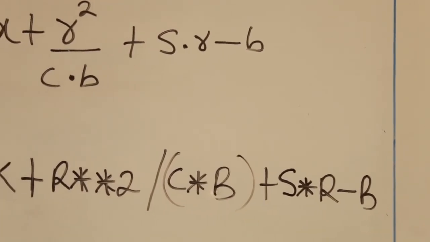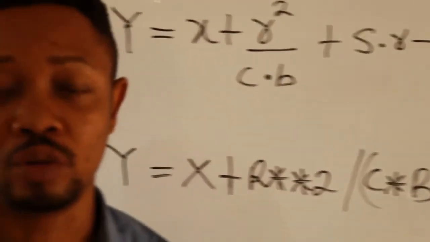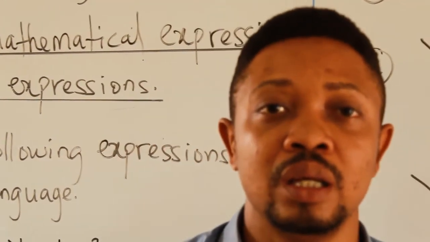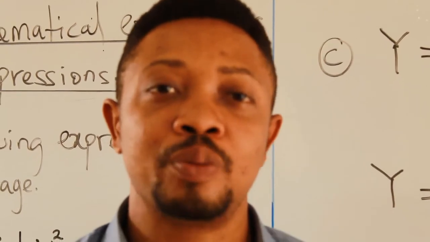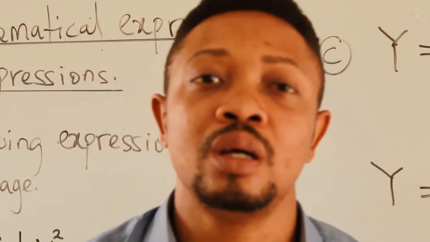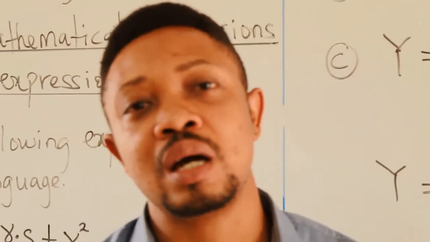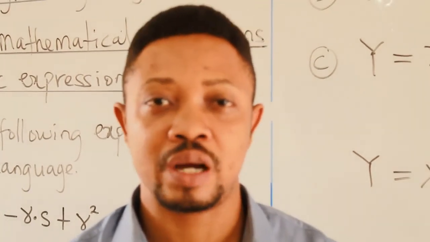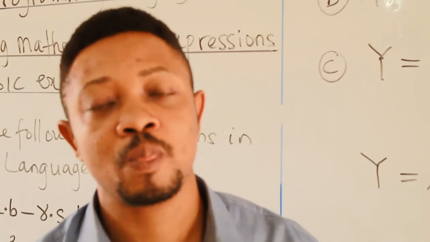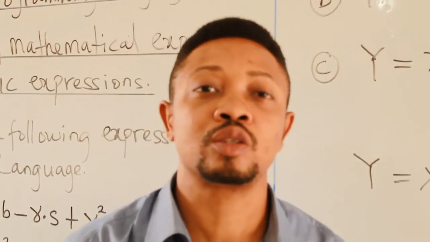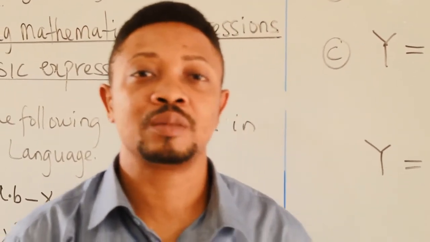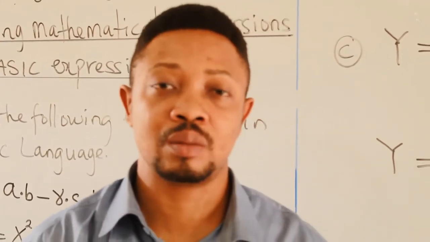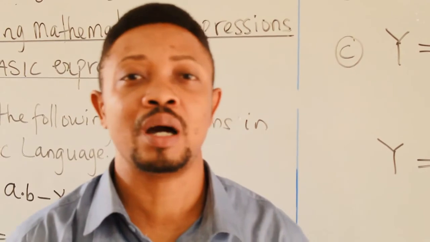Okay, so these are some of the examples we have looked at, and this is how far our class will go today. As a recap, we have looked at expressions, and we said that expressions are a combination of symbols, variables, and constants. And then we looked at the different operators, and we said that these operators are not the same as mathematical operators, though some are.